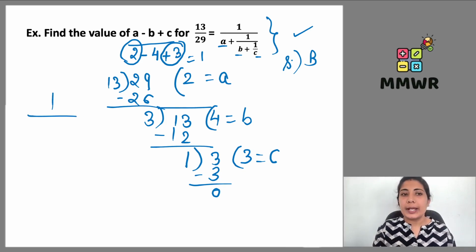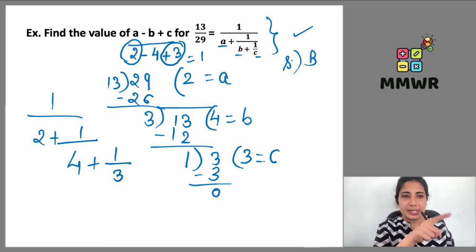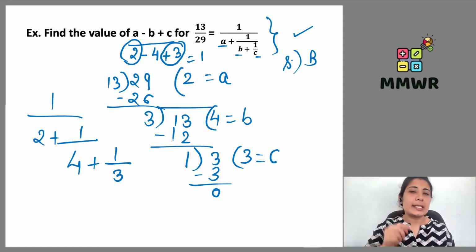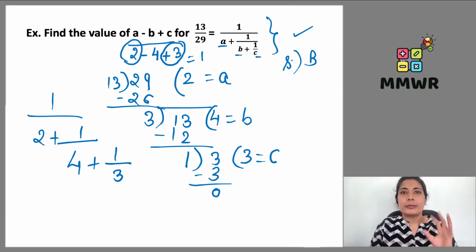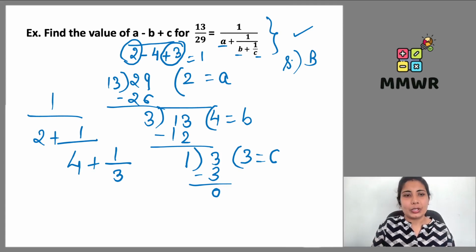This can be written as 1 upon, a value is 2, plus 1 upon, b value is 4, plus 1 upon, c value is 3. When you simplify this, you will again get back to the same fraction, 13 upon 29. Okay, you can cross check also. Look, 1 upon 3, then 4, 2. So 3 fours are 12 plus 1, 13, 13 twos are 26 plus 3, 29.